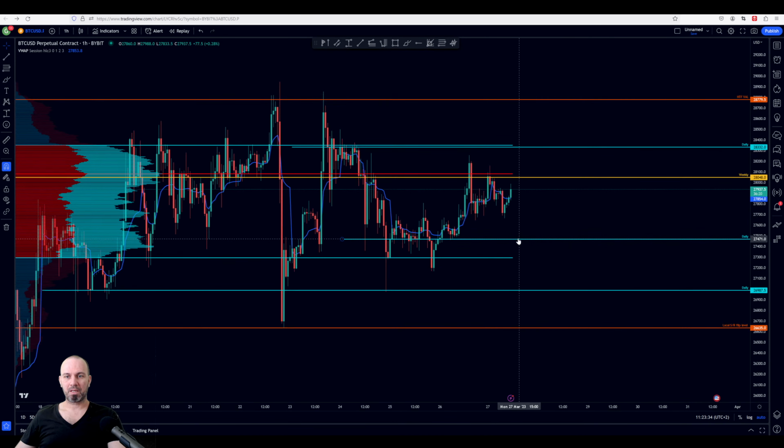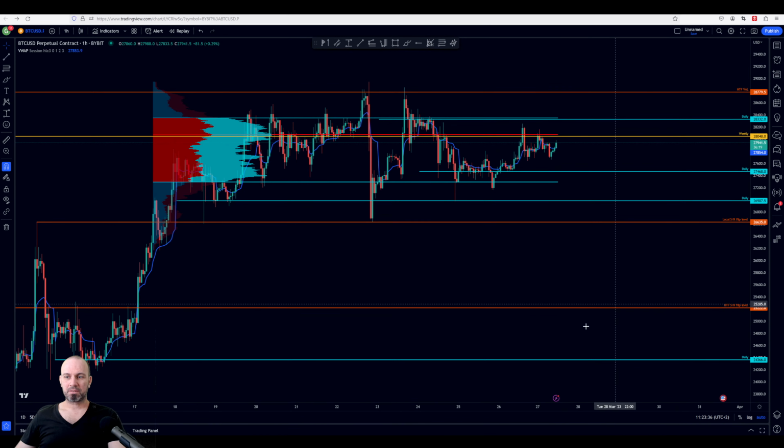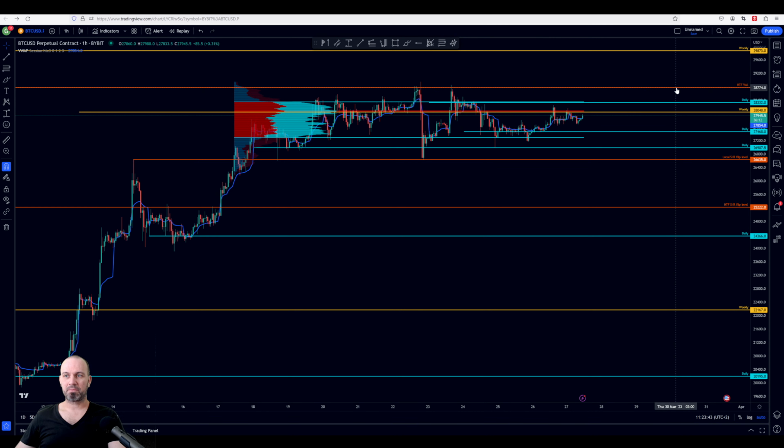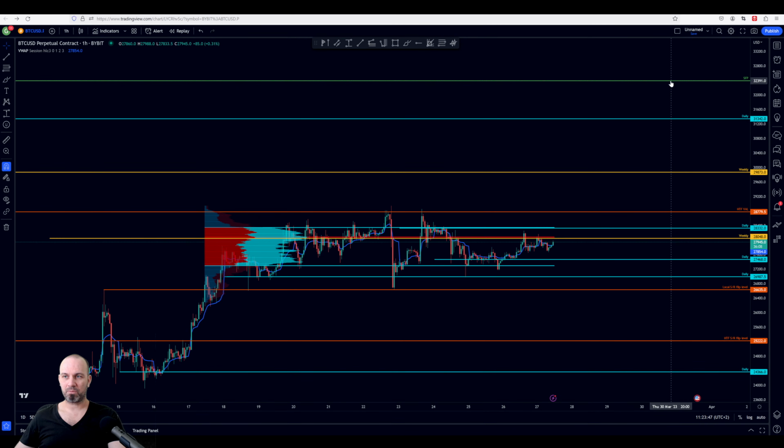Okay, so remember, we do have high time frame, this one, right? We do have high time frame, the value area low, and other than that, high time frame, we do have this one, 32,392 for a possible swing failure pattern. Great.